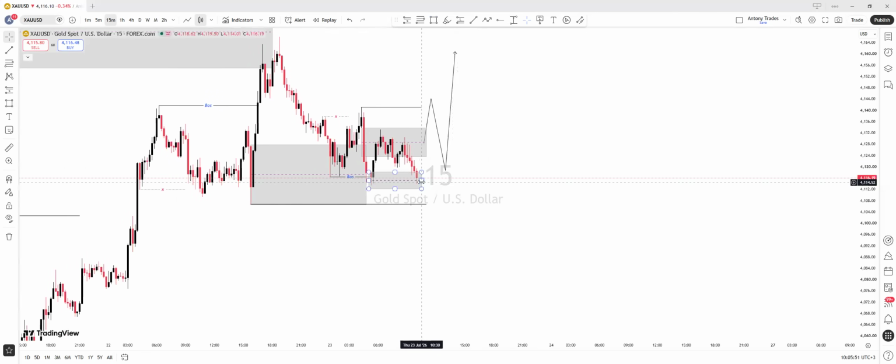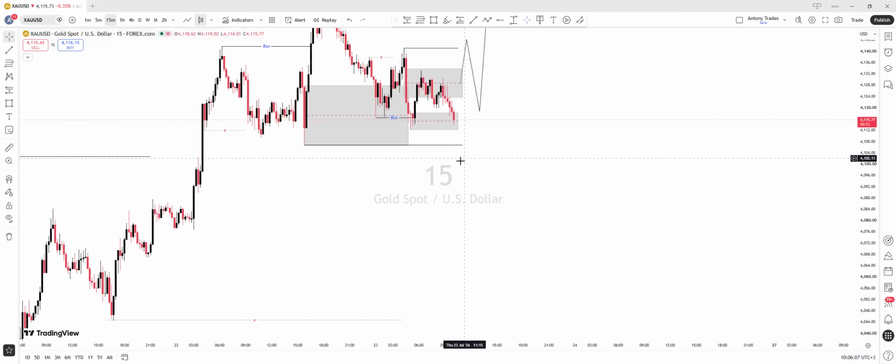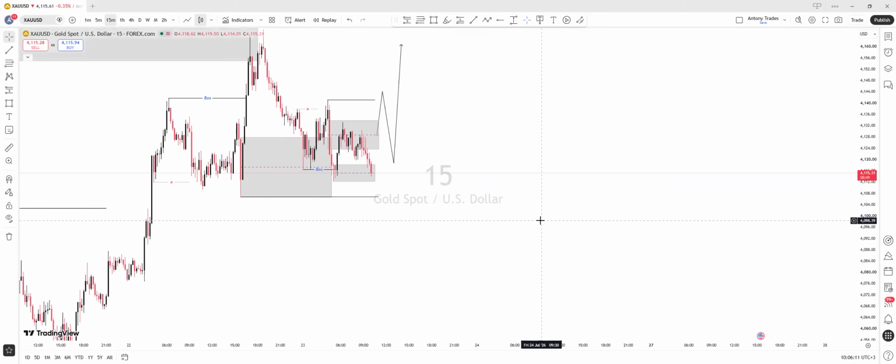If it is strong enough, it should push this market and break this high. If it is weak, then it will be violated. Once we close below here, just expect the market to come and take out this low. And once we take that, wait for a pullback, look for selling opportunities, just to target these lows here as liquidity. So that is my idea on gold.